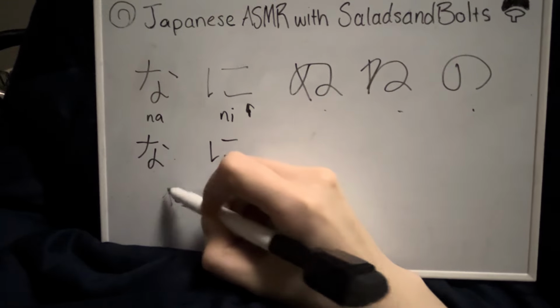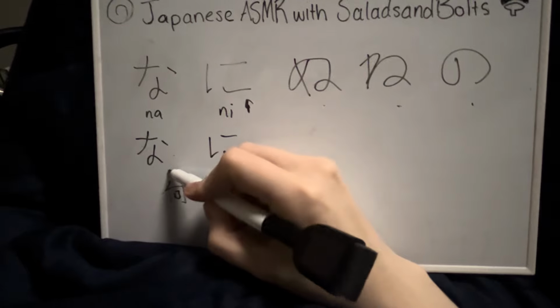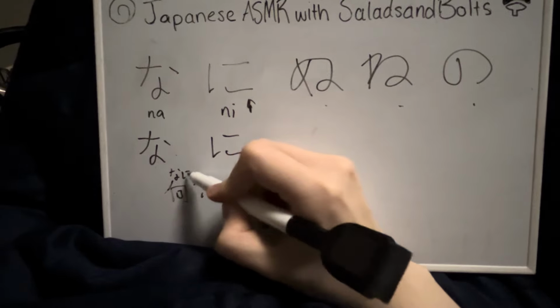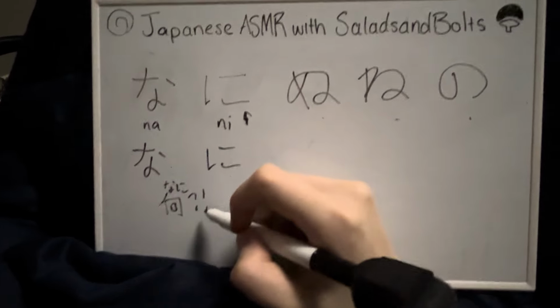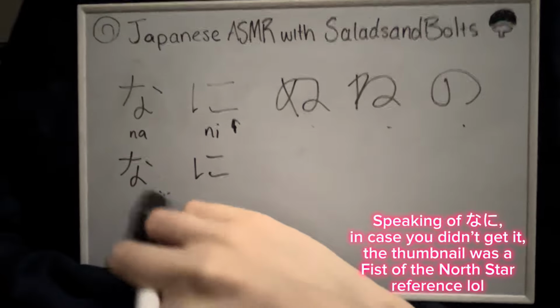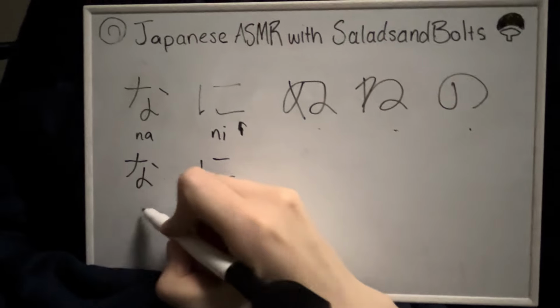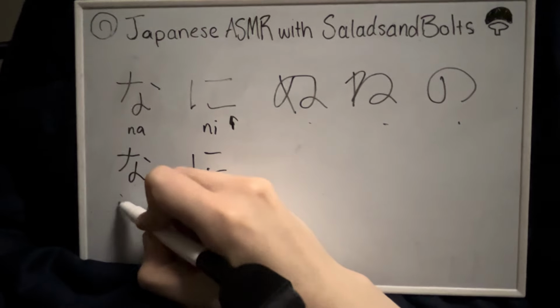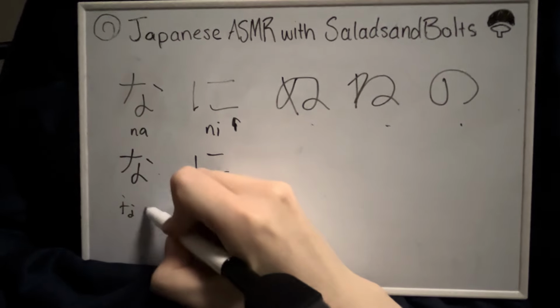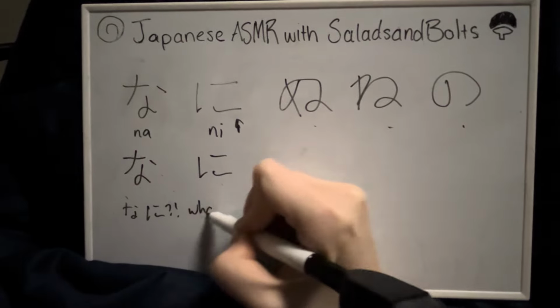And when it shows up in manga, it'll usually be like this, and it'll have the hiragana up here, so you'll be able to read it fully as nani. I'll actually put that down here. Nani. What?